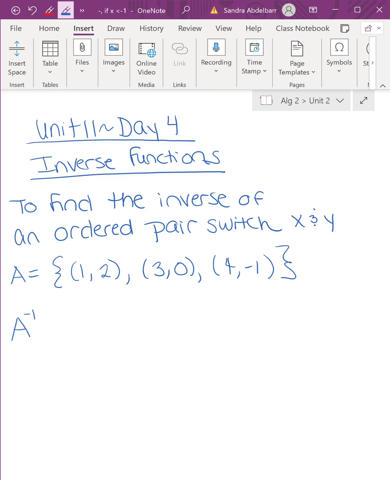You'd say, oh, A raised to the negative first power. No, it's the inverse of A. This reads the inverse of A, just like the matrices. So if we're finding the inverse, we take each ordered pair and we just switch x and y. So now we're going to have (2, 1), (0, 3), (-1, 4).